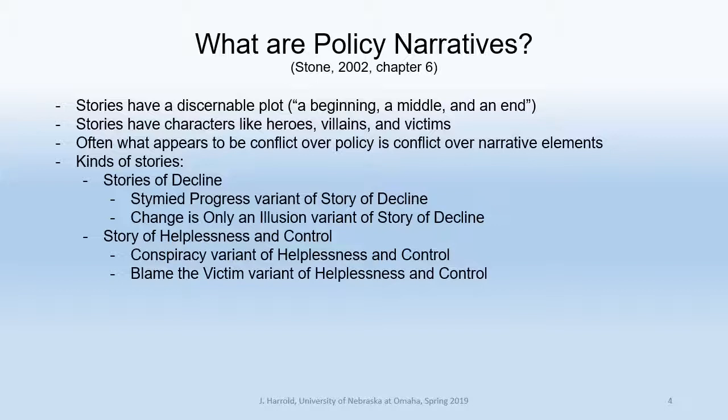And so Stone talks about the idea that sometimes what seems to be a conflict over policy is really a conflict over narrative elements. That is, different groups of people talking about the same policy are really depicting certain people as heroes, but somebody else might depict them as villains, right?